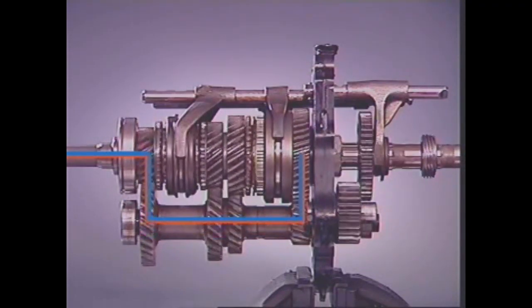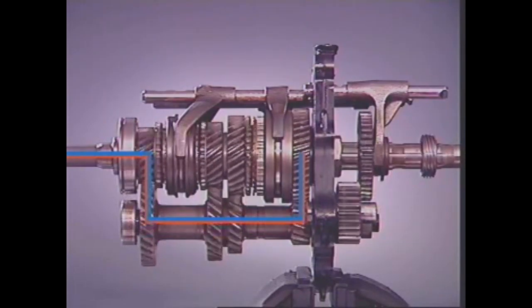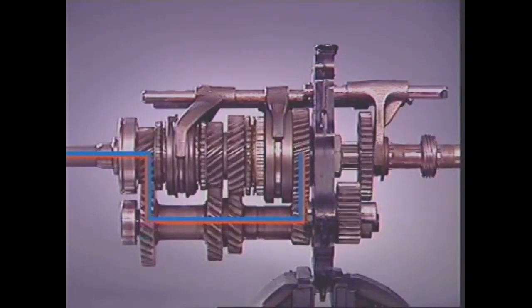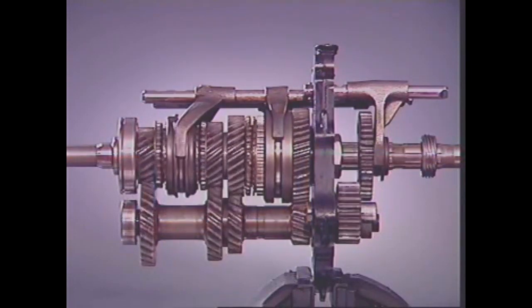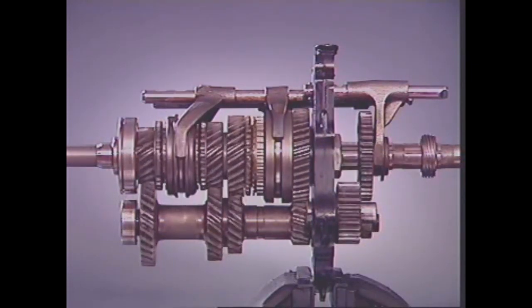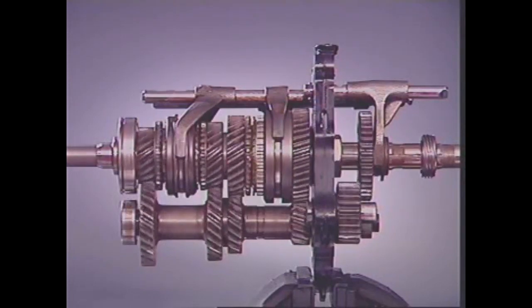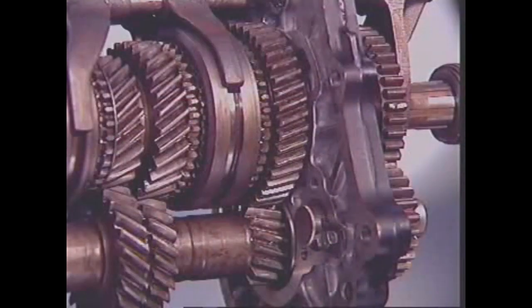Since this gear is now locked to the main shaft, it rotates and transfers the drive to the final drive unit. The speed ratio and the torque transferred depend on which gear is selected.